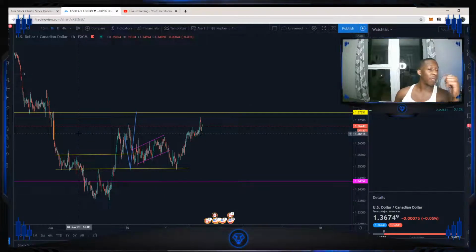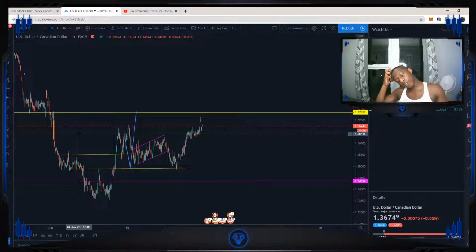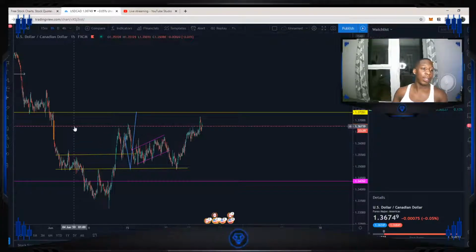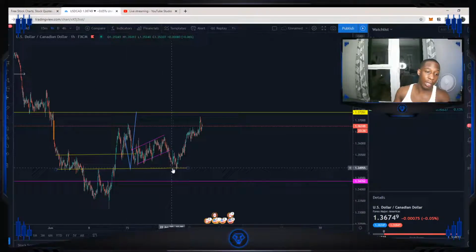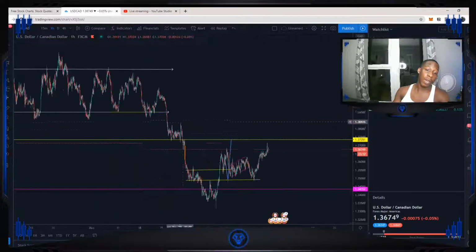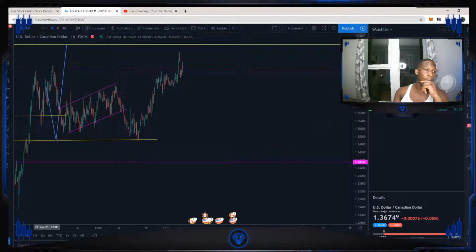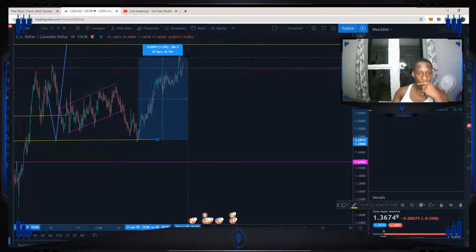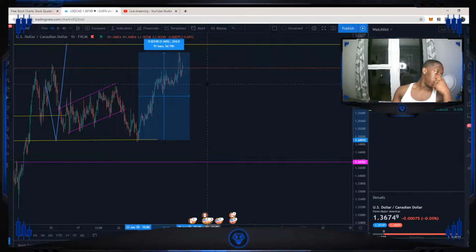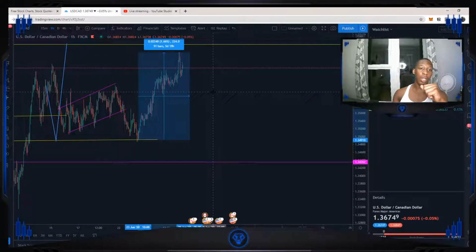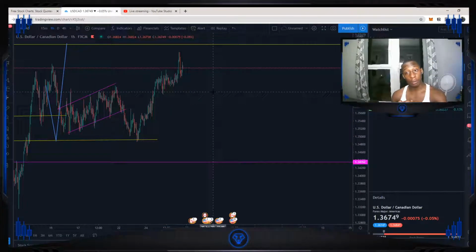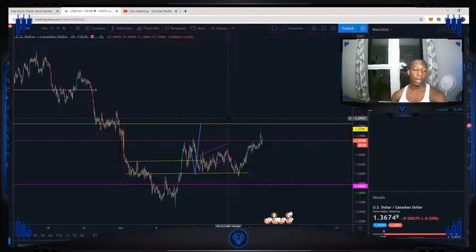If you guys watched my last live stream, then you would have seen that I said it's going to retest this level, which it did sharply, and now it retested levels like this. So yeah, that's very nice. How many pips would that be? 224. Wow. That's very nice.